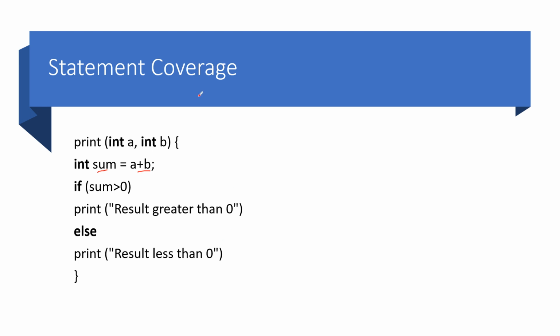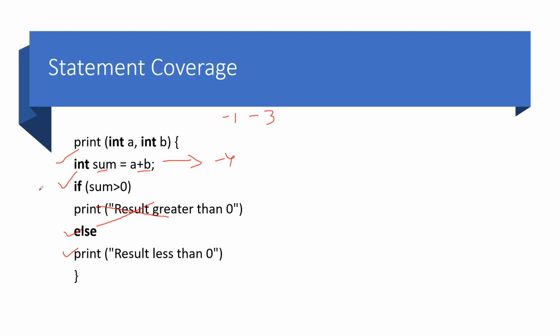As per this formula, I'm giving A as minus 1 and B as minus 3. What will be the value of sum? Minus 4, right? First this statement is executed. Next it comes to the statement checking if sum is greater than 0. No, so that statement will be skipped and it will go to the else statement and print that it is less than 0.